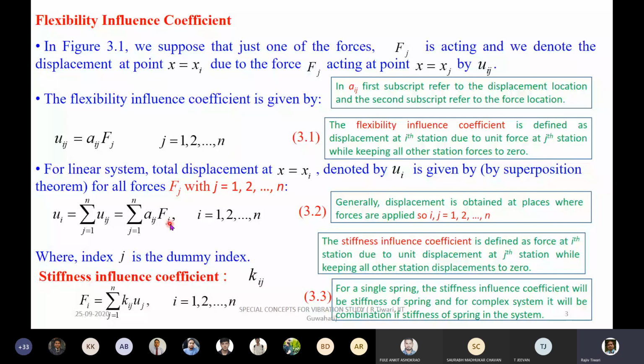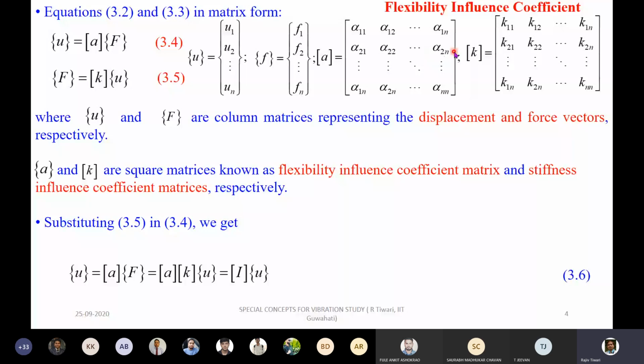For i equal to 2, you can see that in the first subscript, 2 is there always. Similarly, this is for the nth one. So here we have related that particular summation expression in the form of a matrix.